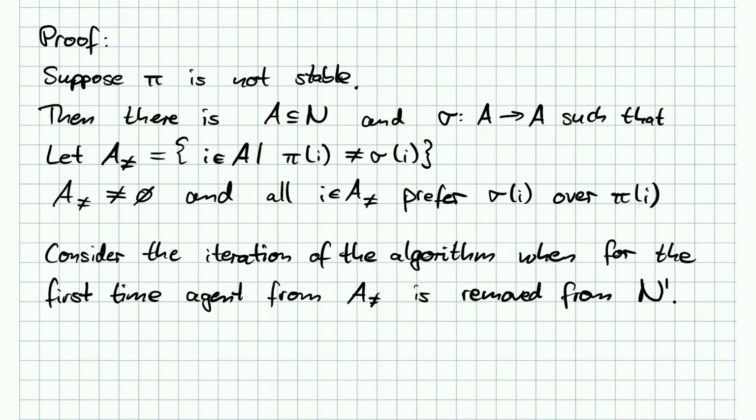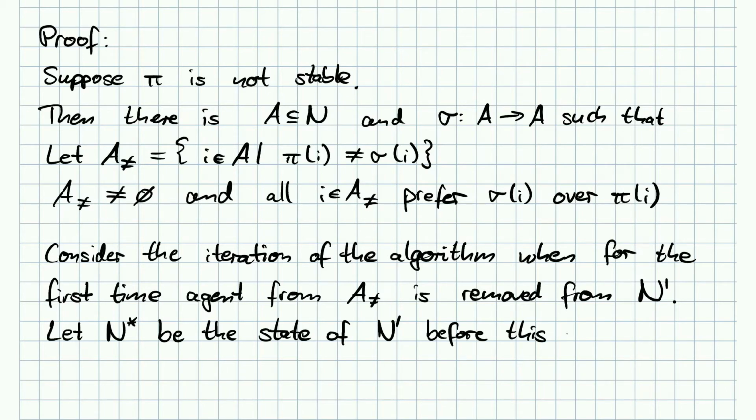Because eventually all of them will be removed. Everybody gets something eventually. So let's consider the first time that this is happening. And we now let n star be the state of n prime before this allocation, before this iteration.